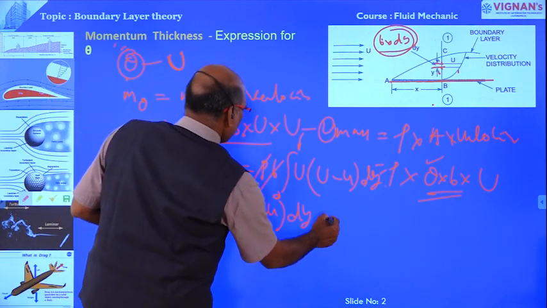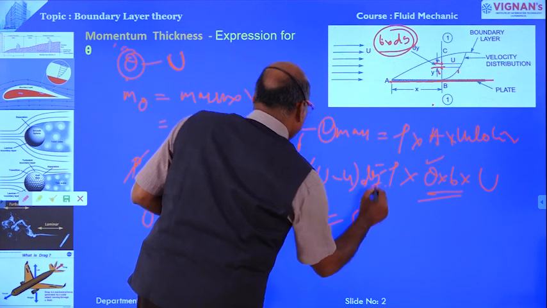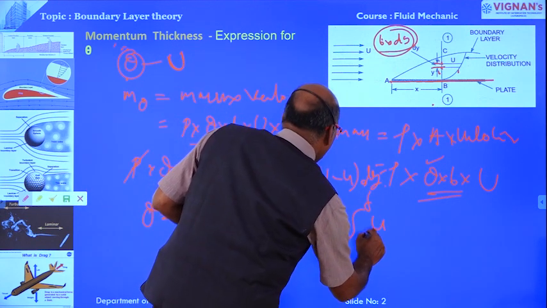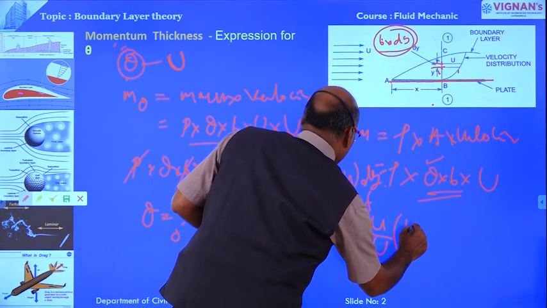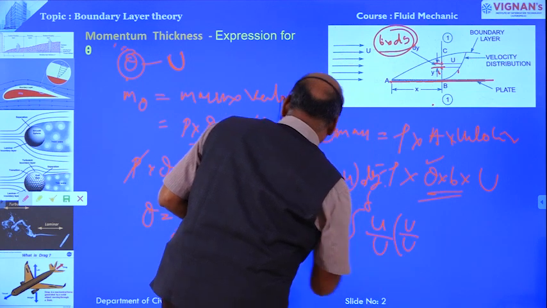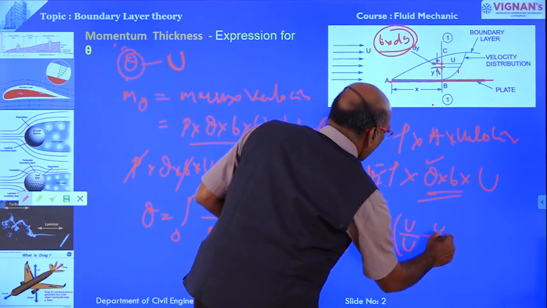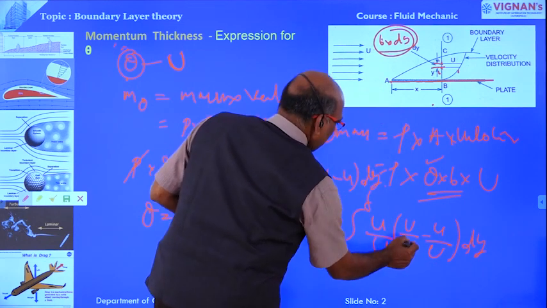Now this is equal to integral 0 to delta small u divided by capital U, into 1 minus small u divided by capital U, dy.